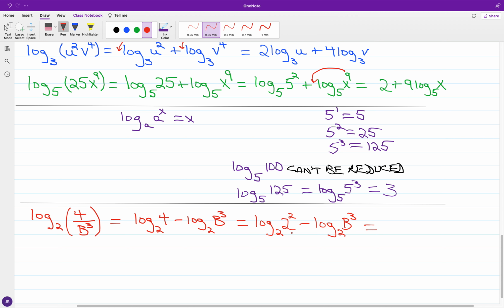Again, you have a match between the logarithmic and exponential bases, and that's going to reduce to the exponent, 2. So we have 2, and again minus the base 2 logarithm of b to the third. That 3 is going to be converted to a coefficient, and so for the end result, after the 2 we'll have minus 3 times the base 2 logarithm of b.